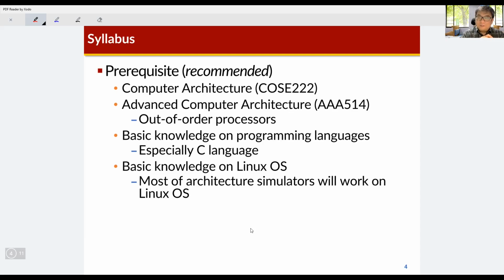But I believe most of the students enrolled in this course are new graduate students, so I believe they do not deeply know this out-of-order processor architecture. So in the first 2 or 3 classes of this course, I will review the out-of-order processor architecture before diving into the accelerator architecture. So do not worry about this.